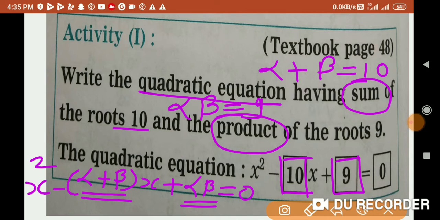In the first box we write the value of α + β, that means 10, and in the next box αβ, which is 9. Therefore the required quadratic equation is x² − 10x + 9 = 0.